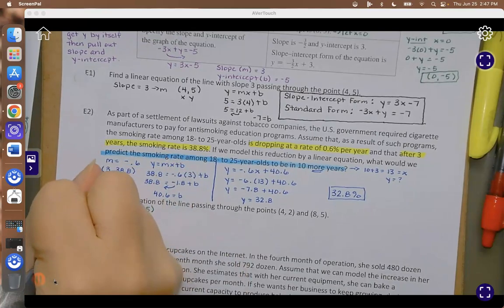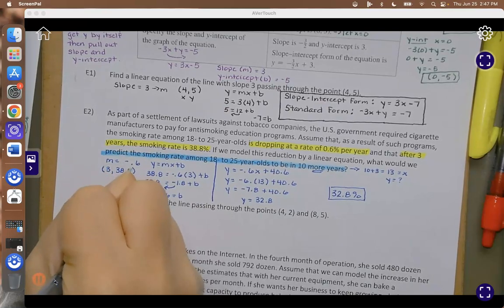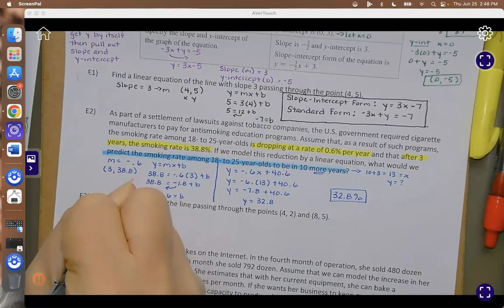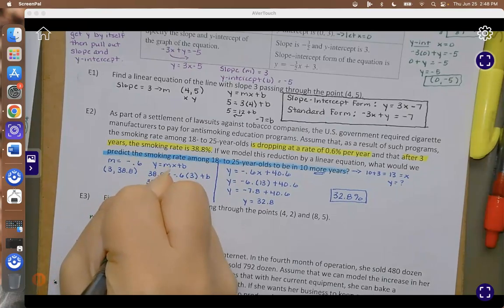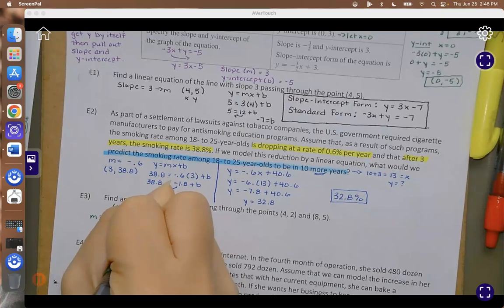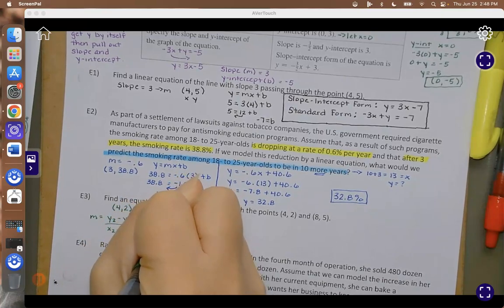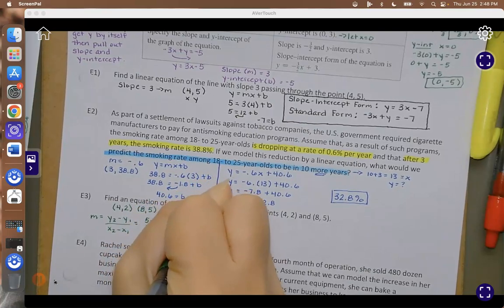So the first thing I need to do is find my slope. Remember, I subtract my y's over subtracting my x's. So I do 5 minus 2 over 8 minus 4. So that's going to be 3/4, which is 0.75.